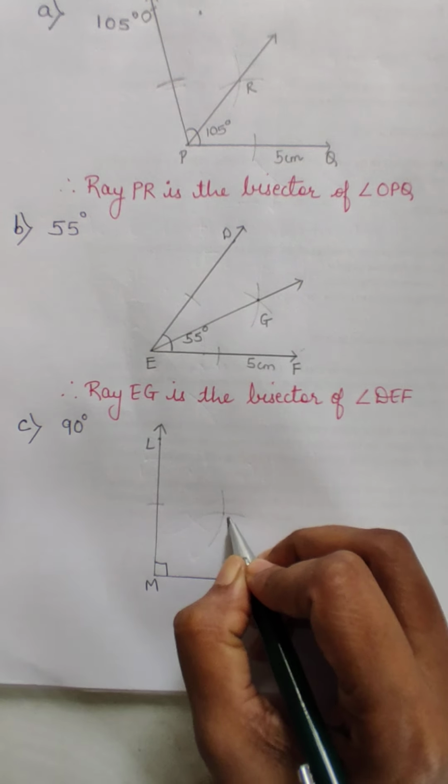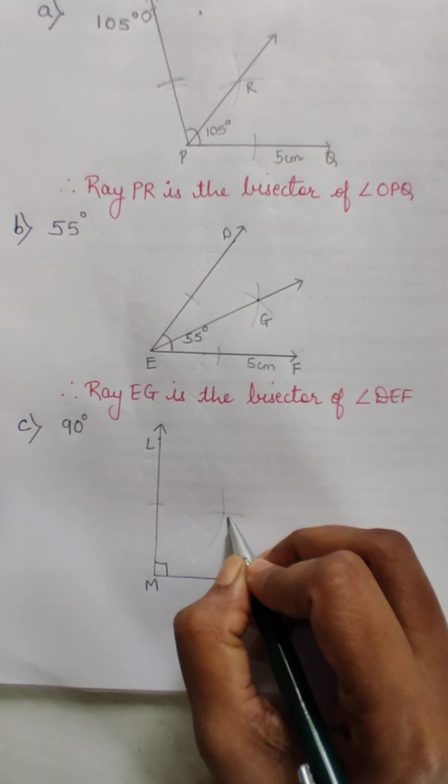And then I will take length AB as 3.5 centimeter. I will make an arc. And here is my obtuse angle triangle ready. So this is 3.5 centimeter.